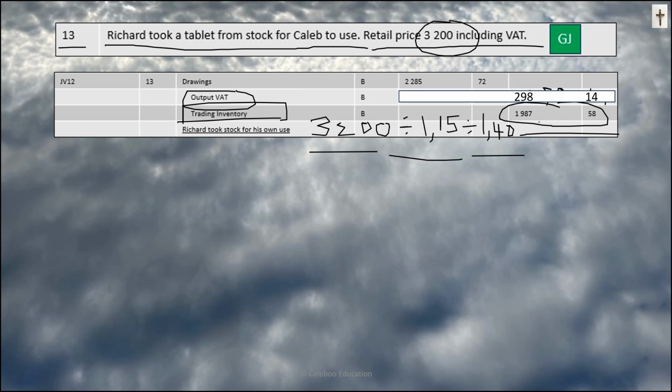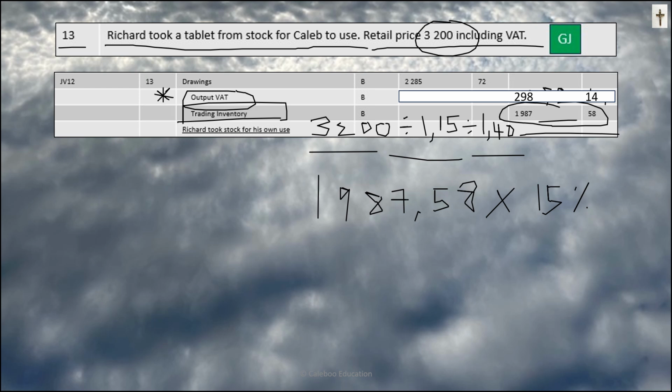I said 1987 and 58, I just calculated that above, multiplied by 15% will give you the amount of the input VAT that we originally claimed that needs to be reversed by crediting output VAT.